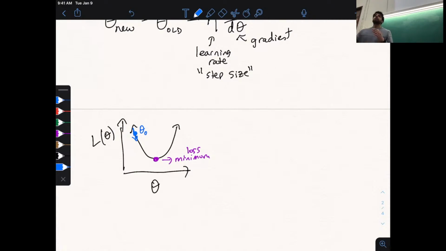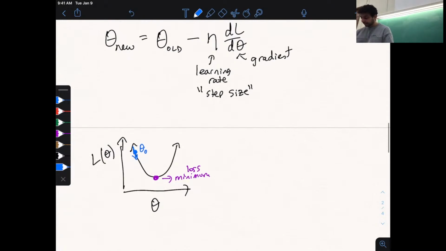So if we change our parameter in this direction, going down here, we would expect the loss to decrease. And so we use this equation up here to take a step in the direction of the negative gradient. And then we have a new parameter, theta 1.